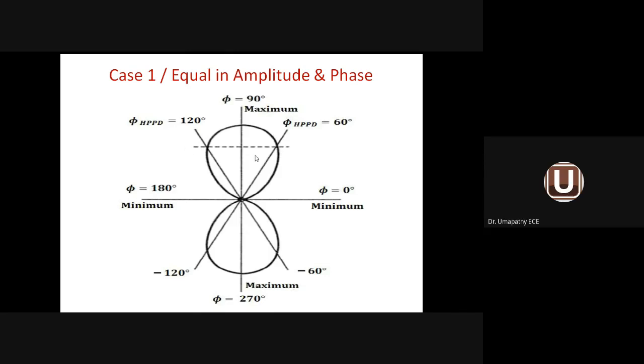After plotting that, we can draw the radiation pattern. This radiation pattern is in the form of a figure of 8. The maximum radiation is not in a particular direction, it is bidirectional, to the axis of the array. So we are obtaining a figure of 8 pattern for case 1.